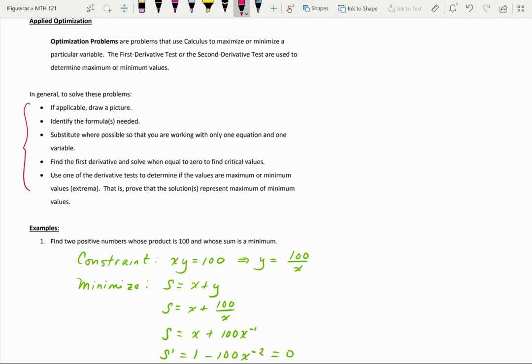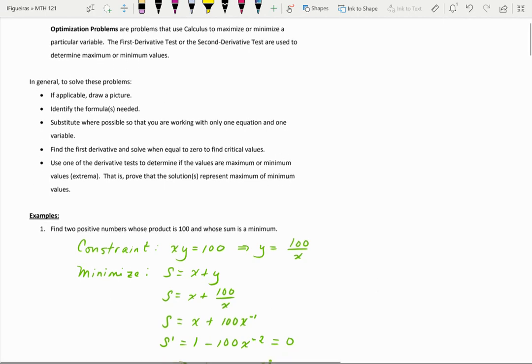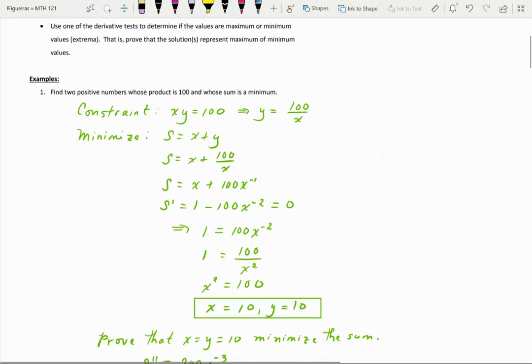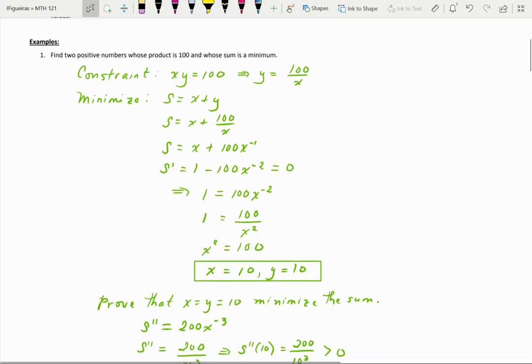And then we're going to use one of our tests to determine if those values are maximum or minimum in order to prove what you're looking for. All right, so most of these problems will be geometric in nature, but there's a lot of examples, particularly in business, where optimization is very practical, but these will all be more geometric in nature.